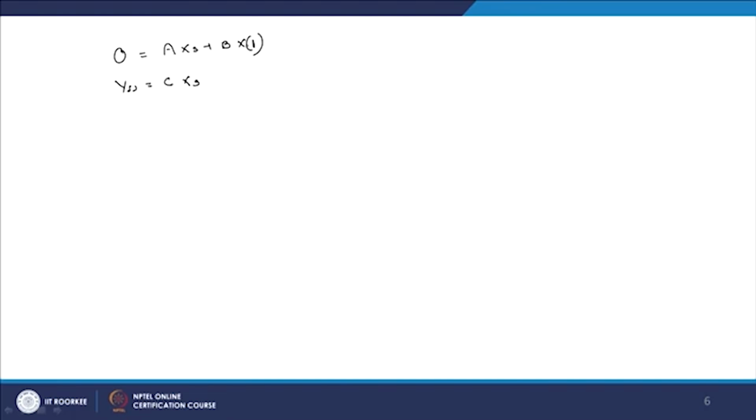That is, the unit step input r equals 1 can be called u also. So, y_ss is the steady state output, and if you solve these equations, we get minus A x_s equal to B.